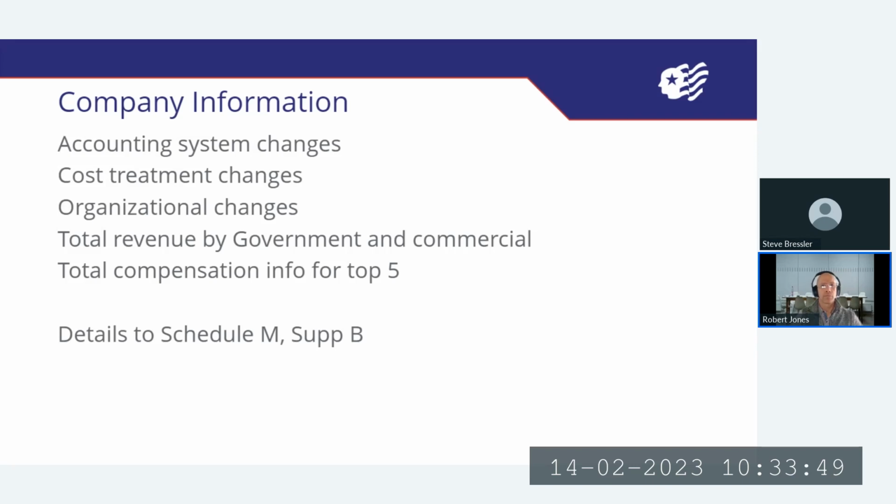Did you change the treatment of costs? It's not uncommon for clients to make a change in their indirect rate structure, right? They might go from one overhead to two overheads, or they may redefine what an overhead is. We've actually got clients that are going from multiple overhead back to one overhead. You might change the way that you've treated costs, maybe you've set up an intermediate cost pool.